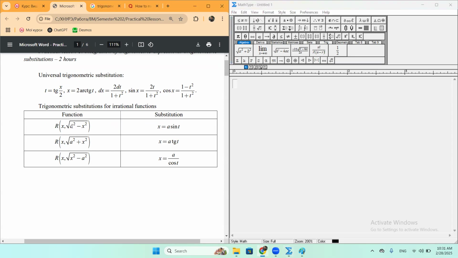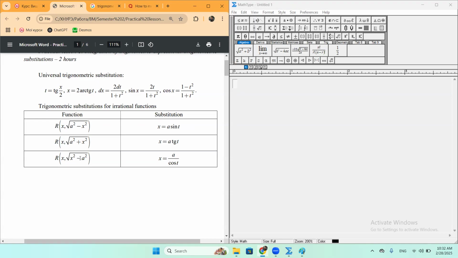When we have the square root of a square minus x square, we use the substitution x equals a sine of t. When we have the irrationality square root of a sum of squares, we use the substitution x equals a tangent t.